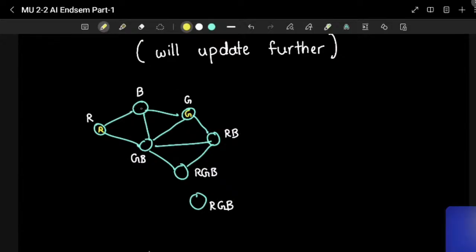In this variable, you can't have R, you can't have G. You can only have B, so in the domain B is there. In this also you only have domain B. In its domain you have RB because here G is there. Here there is no restriction, so RGB. In this domain also RGB. So this is the current state. I am showing you all the domains also.